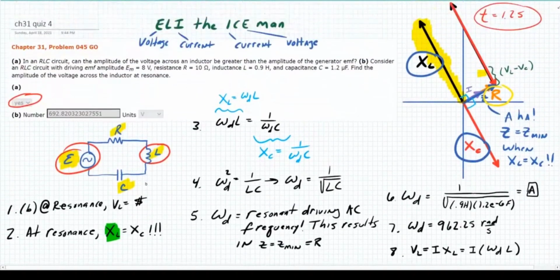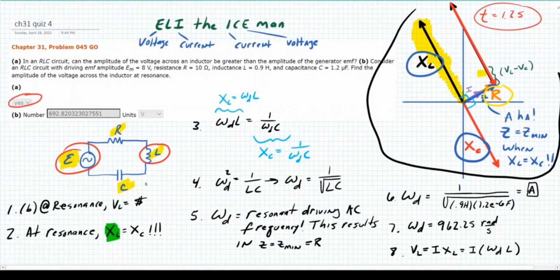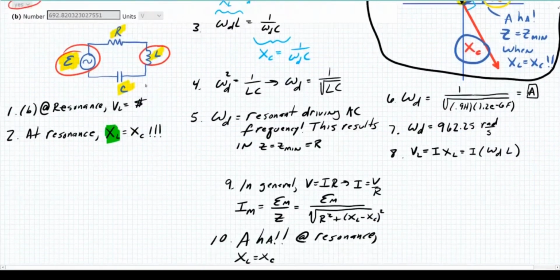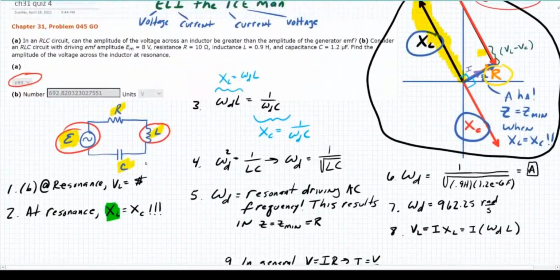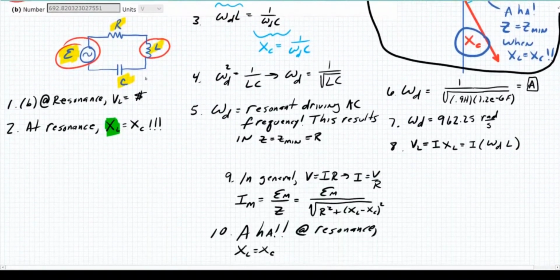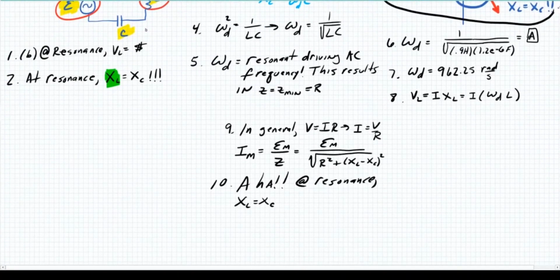Going back to this visual for the umpteenth time, if you can figure out how to match those two impedances, that is the most efficient you're going to get, unless you can figure out how to eliminate that R value resistance, and maybe you do a superconductor. But at resonance, low-hanging fruit, this whole term goes to 0 because XL equals XC.